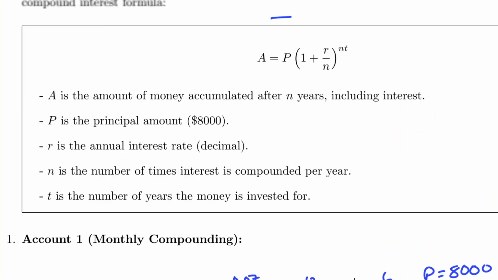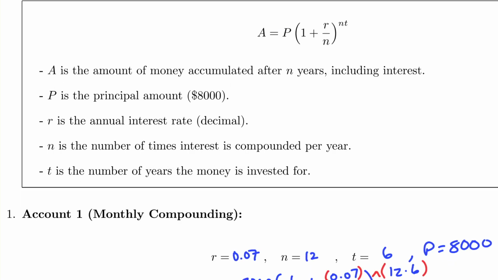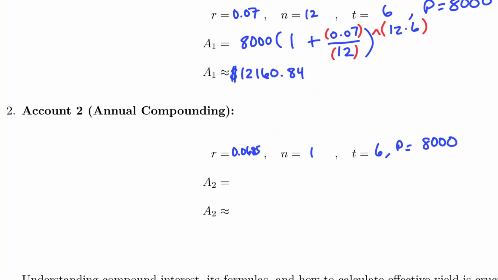So we could use this formula with just an N equal to 1, but we could also use the formula just for annual compounding, and that is P times (1 plus R) to the T. So substituting in our values, we get 8,000 times (1 plus 0.0685) to the T of 6 years.